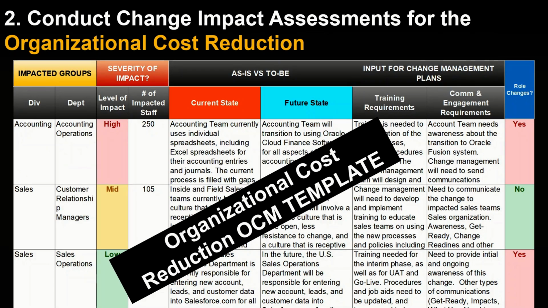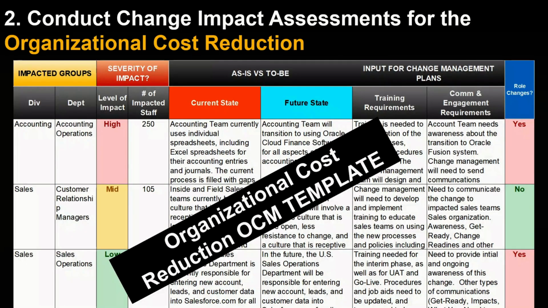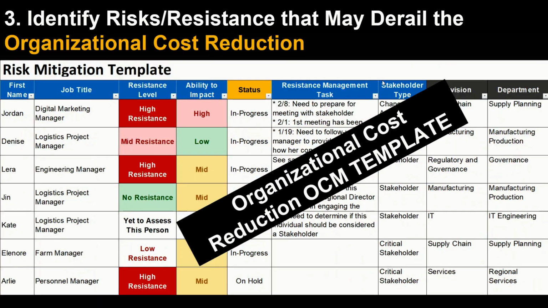And as you can see on my screen, this change impact assessment template helps you to gather the departments and divisions that are impacted, the level of impact, number of impacted staff, as well as the current state and also the future state.